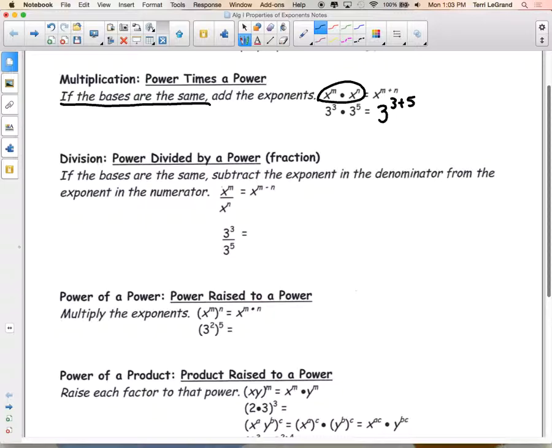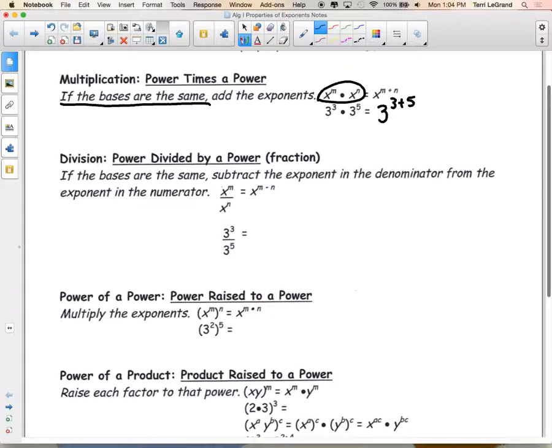Add their exponents. Because what are those exponents really telling us? What is that 3? And what is that 5 really saying? What does 3 to the 3rd power mean? What does 3 to the 5th power mean?